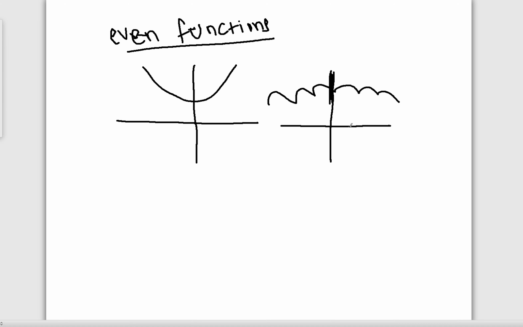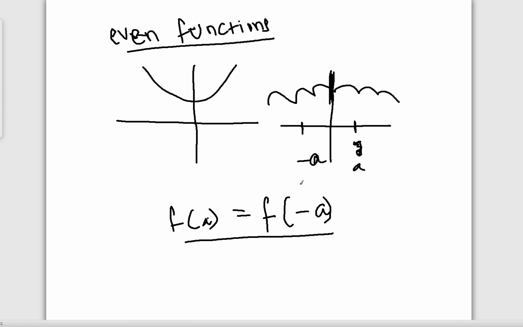That means if you put, let's say here let's take another variable. Let's say you put a here and you put minus a here, you get the same answer. That means f(a) is equal to f(minus a). Okay. So similarly, if you see the roots of an even function, let's say this time your even function is this, because the even function will also have roots, right?